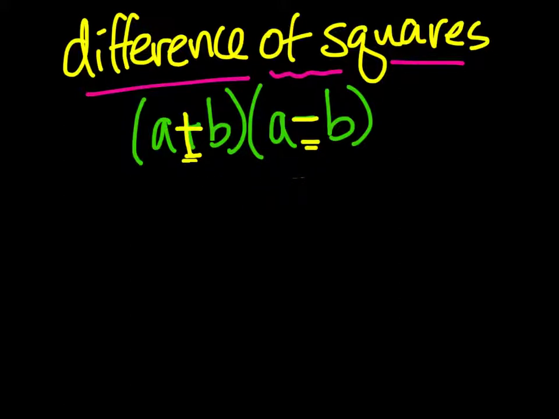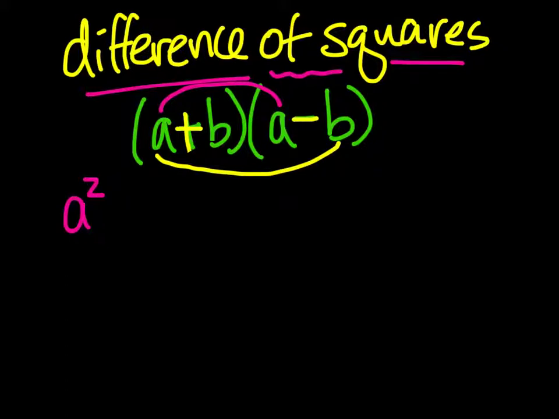I'm going to erase some of this so we can actually see what's going on. So we have a plus b times a minus b. Let's FOIL this out to see what happens. So a times a is our first term, so a squared. Then after that, we have a times a negative b, which is negative ab.